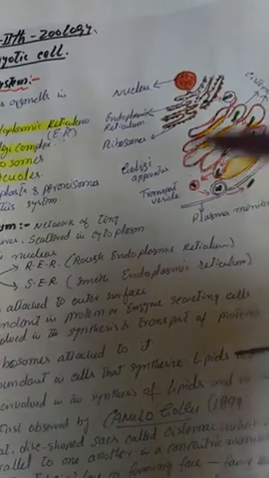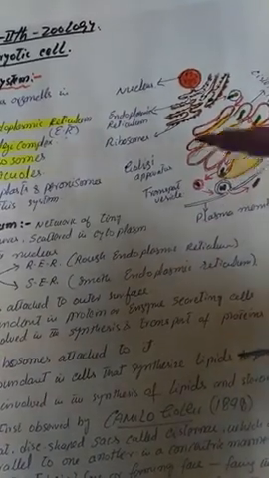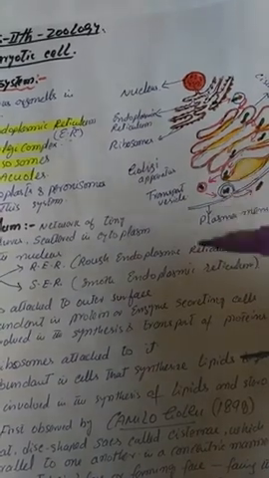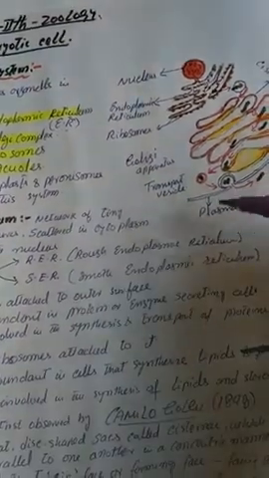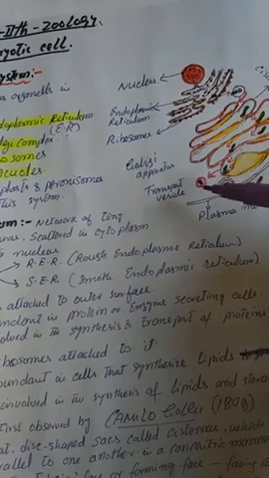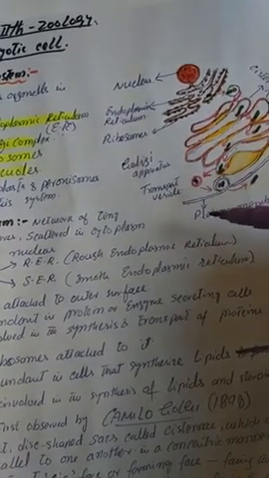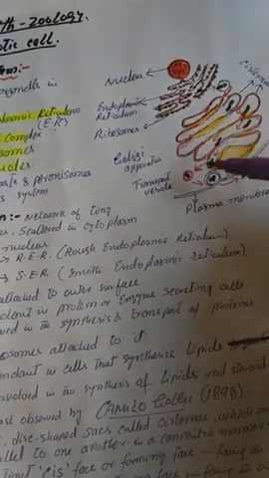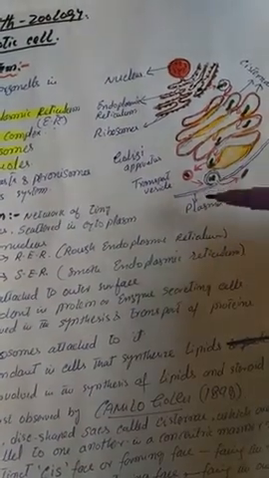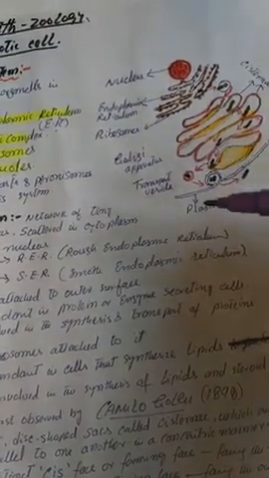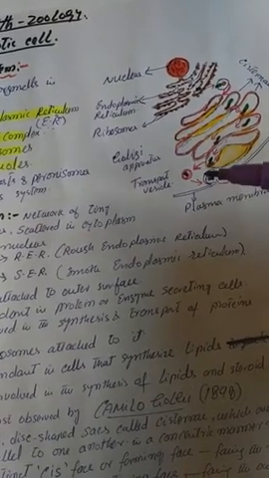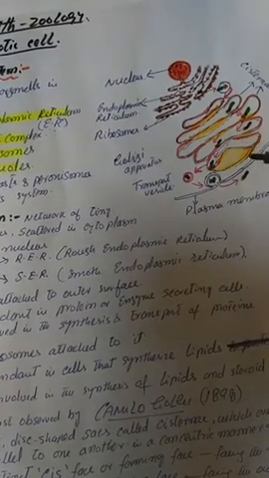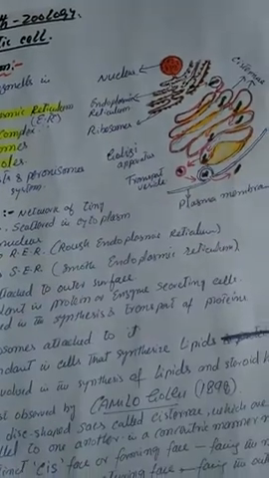These are single membrane bound vesicles formed by the process of packaging in the Golgi cisternae. These lysosomal vesicles contain a number of hydrolase enzymes like lipases, proteases, carbohydrases, etc. And these enzymes optimally work at an acidic pH.